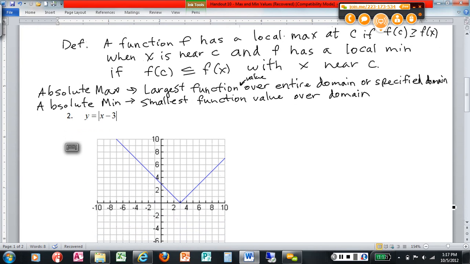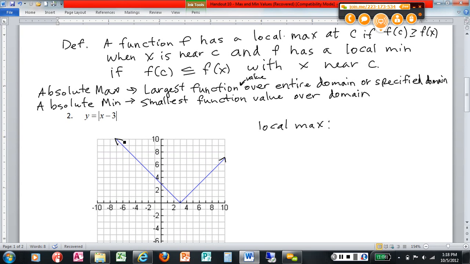Well, let's first of all talk local extrema. What are the local maximums here? Well, since it's graphed off the graph here, this goes up and that goes up. Is there a local max there? I don't think so. There's no peaks.